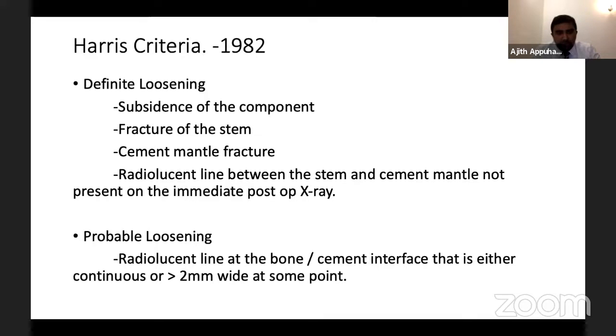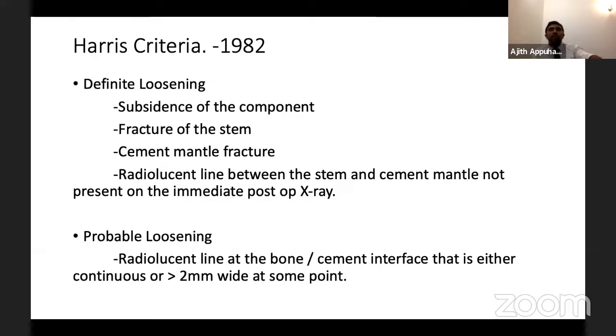Definitive loosening is subsidence of the component, fracture of the stem, cement mantle fracture, and a radiolucent line between the stem and the cement mantle which was not present in the immediate post-operative X-ray and is present now. That we classify as definitive loosening.